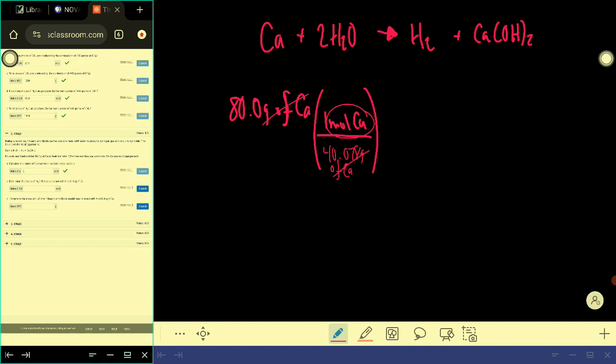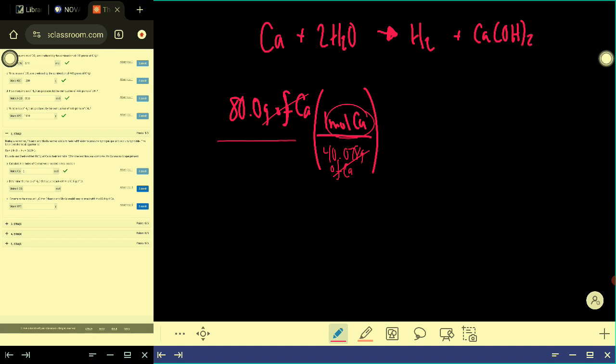Now B says determine the moles of H2O that would react with 80 grams of calcium. So I'm still starting with calcium. Now they want you to go from calcium to water. So how much water did it take for this reaction to complete? Now this is an example of stoich, pretty similar to what we'll be doing, except you're going to predict an outcome and figure out how much you need to make it work as well.